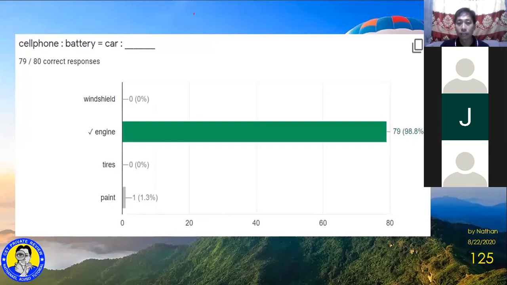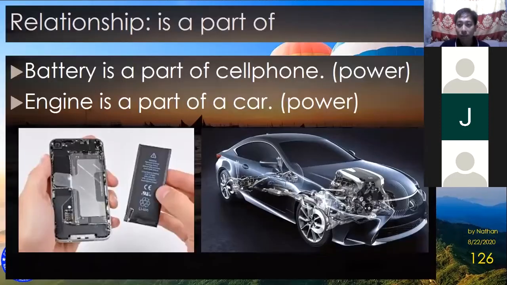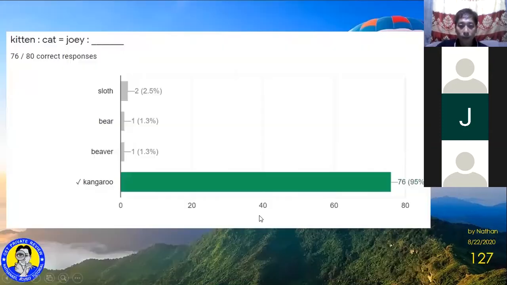Tires and windshield are also part of a car. But here, it's a special part. It's a part that gives power to the object. So you must also use your head and come up with the correct connection between the two words. So there's your battery to power your phone, and there's your engine to power your car.